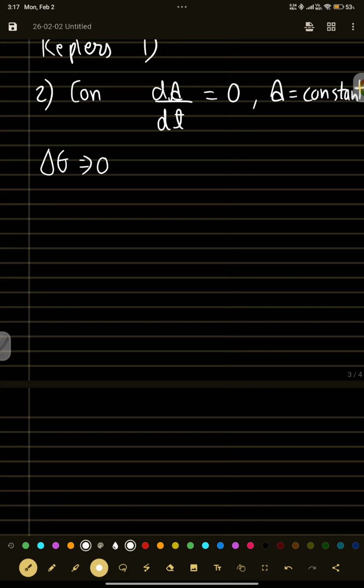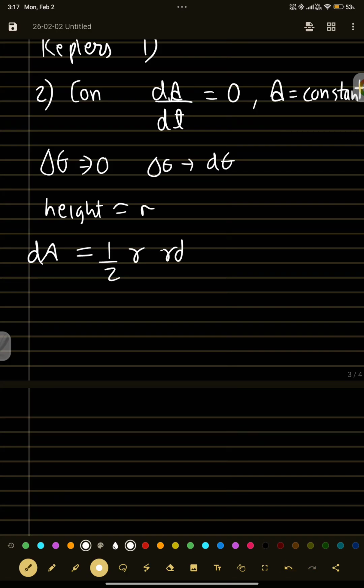The height will almost be equal to r, such that the area of this triangle dA will be half height times base, which is r square by 2 d theta. And you will find that dA upon dt is r square by 2 theta dot.